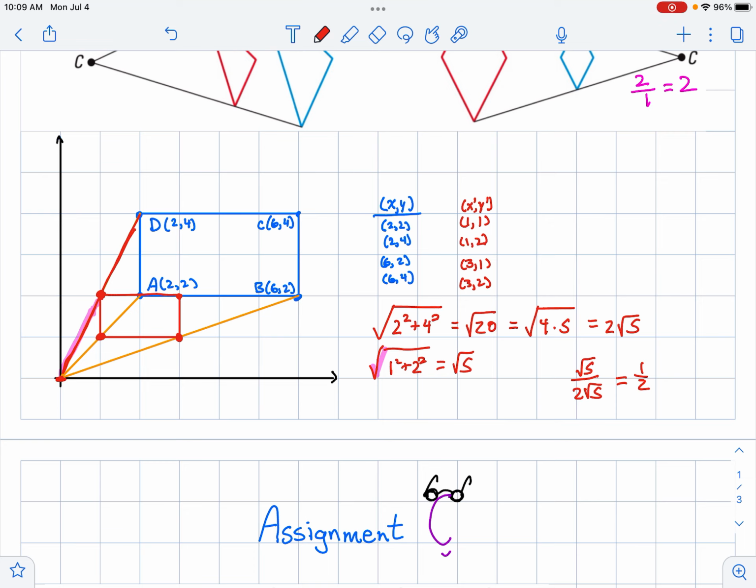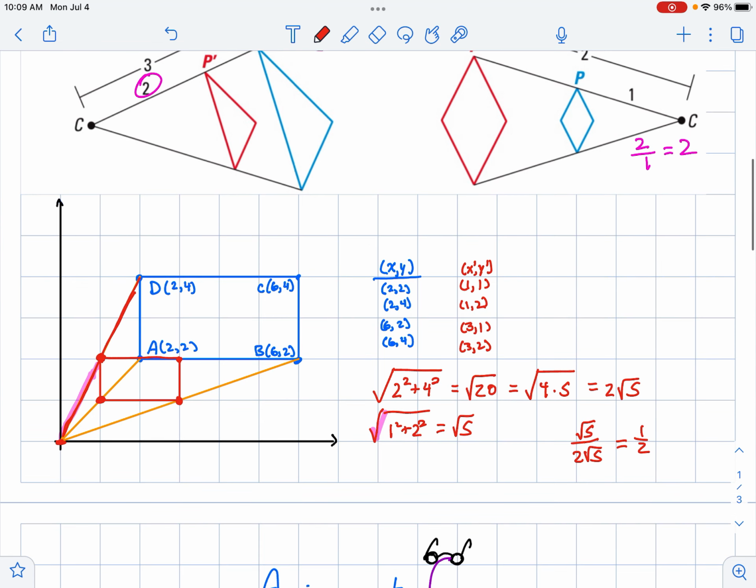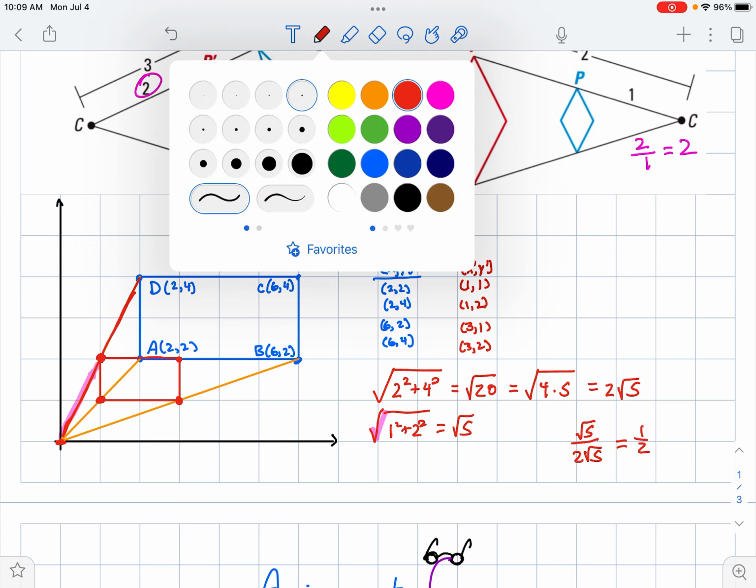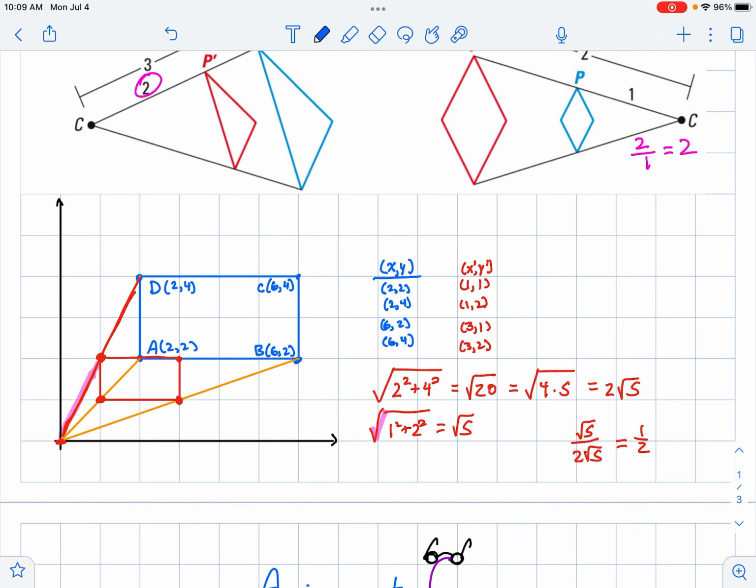Now, you might be saying, what is the result? What does this new rectangle have to do with the old one? It's certainly not 1/2 the size. If we talk about the area of it, it doesn't look like it's 1/2 the size. But let's think about the perimeter of the bigger one, the blue.